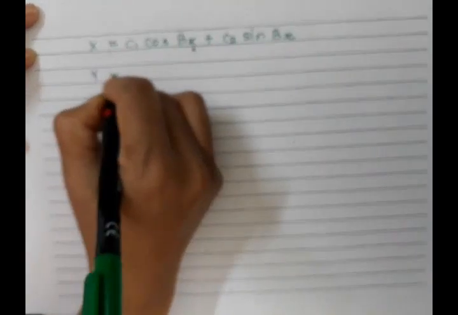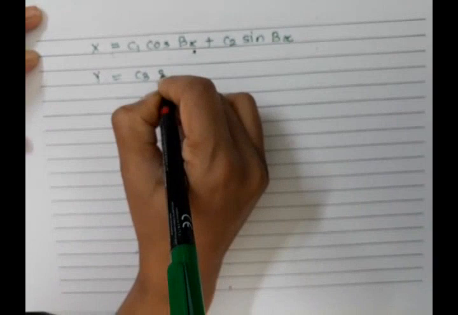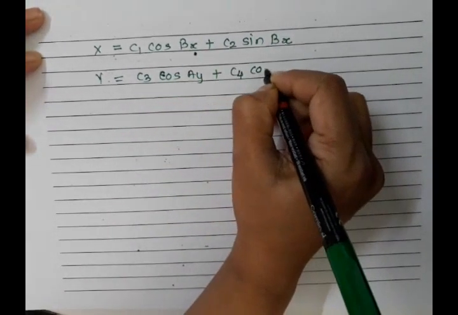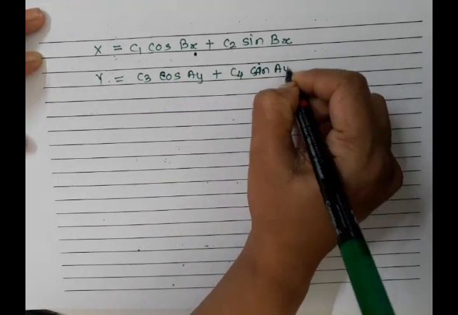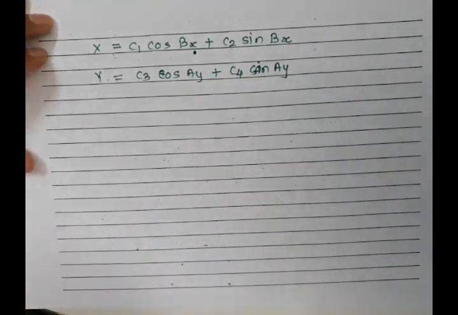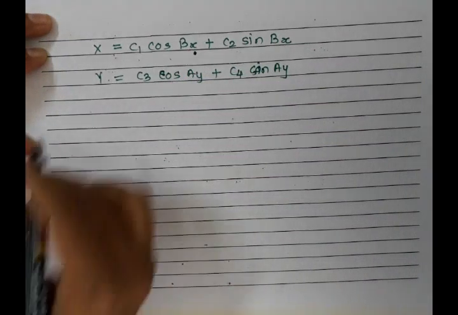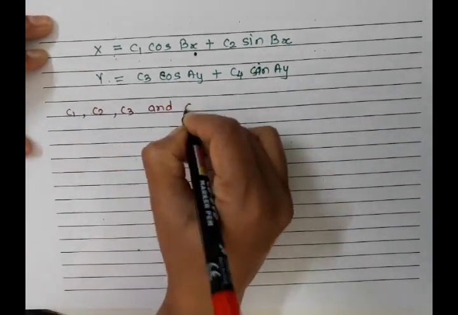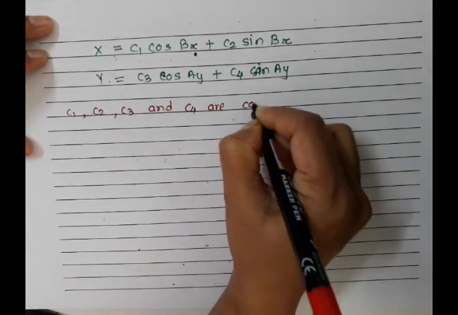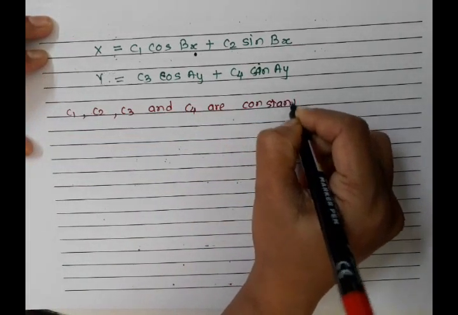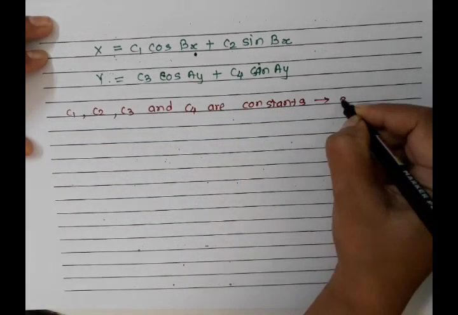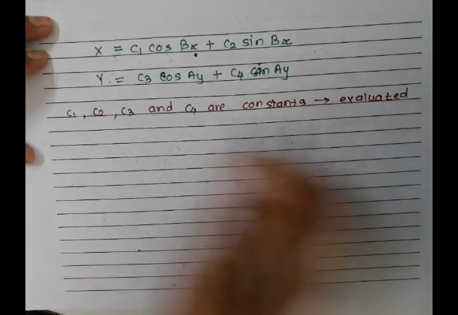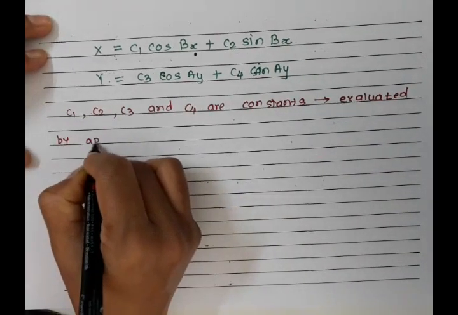Then Y is nothing but c3 cos ay plus c4 sin ay. So I have got X and Y, where c1, c2, c3 and c4 are constants. If these are constants, they can be evaluated by applying the boundary conditions.